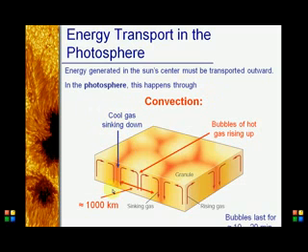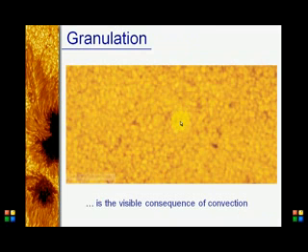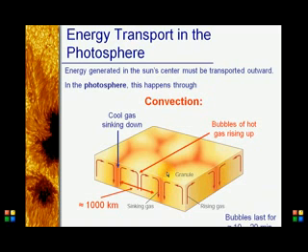Cool gases sink down, and high temperature gases go up, causing bubbles of hot gas rising up, and this happens in approximately 1,000 kilometers. Those bubbles last for 10 to 20 minutes. And this causes us to see granulation in the photosphere and the Sun's surface, caused by this convection. We see those spots that are cooler.